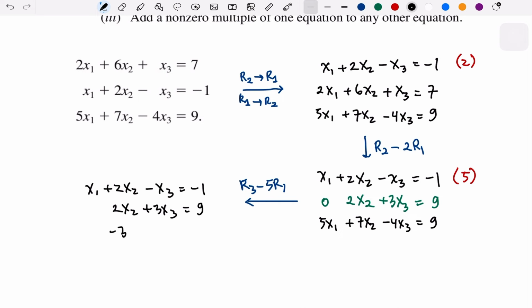So negative 3, or let me write with the green to let you know we've done something here. And then what else? Negative 4, negative 4 minus 5. So 5 minus 4 is plus 1, so plus x3. And then 9 minus 5, so 9 plus 5 is 14.